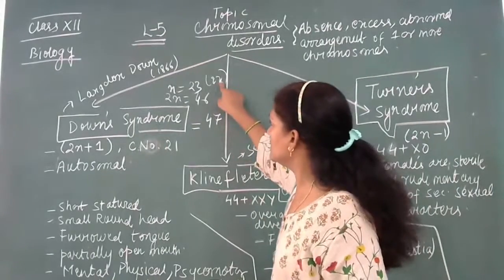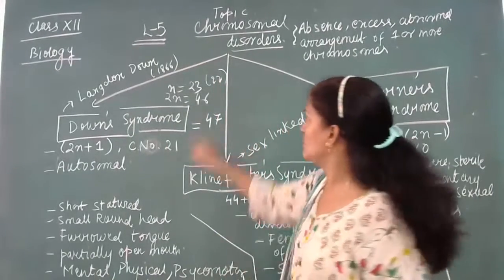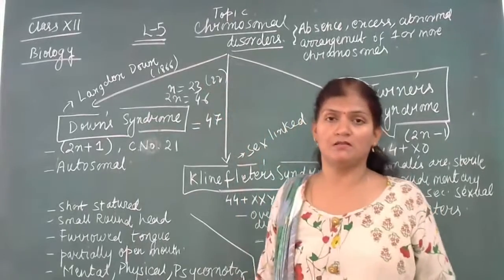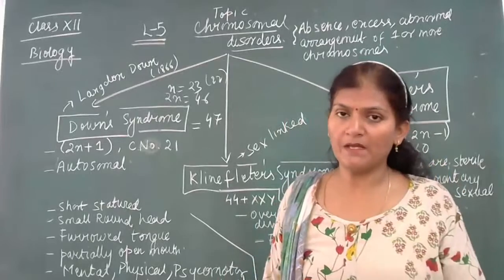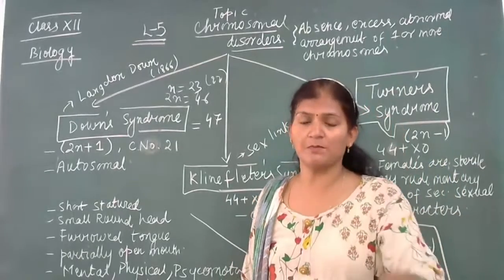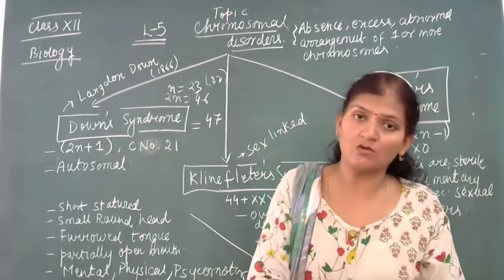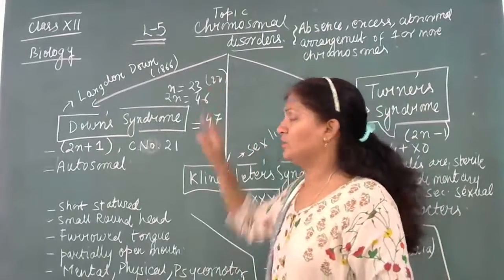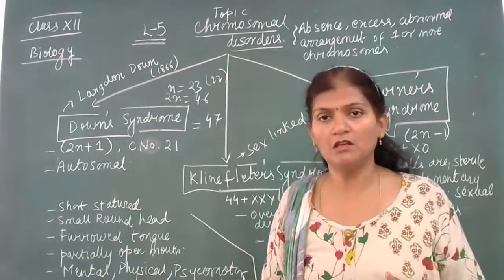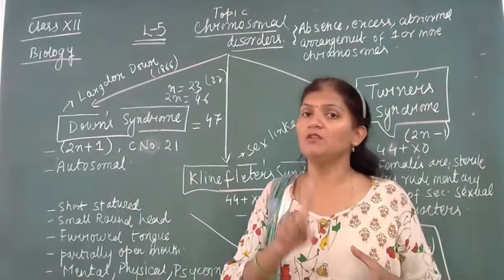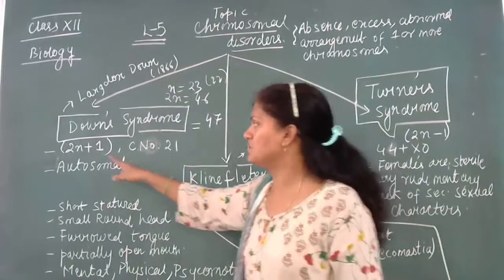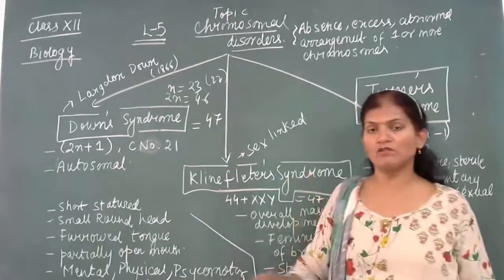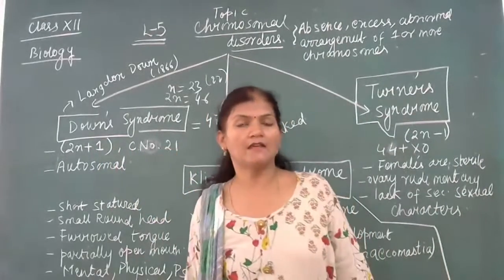It means the addition of one chromosome is in these 22 pairs. So 21 pairs will be normal, but the 21st pair will have an extra chromosome. Therefore it becomes 2n plus 1, and the addition will be at chromosome number 21. And it is autosomal.